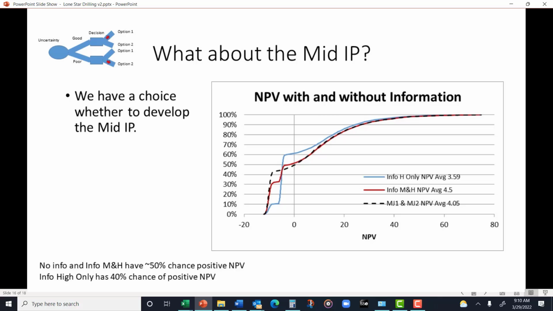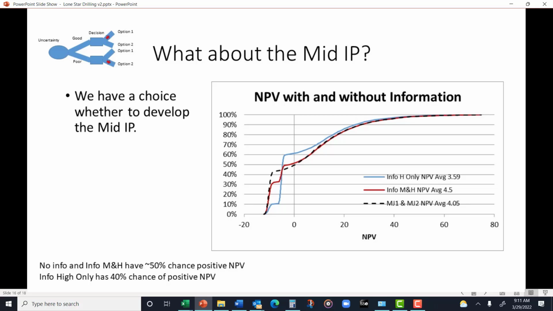What about the mid-IP? We have a choice whether to develop that or not. So this chart here shows developing the M1 and M2, and then if we develop both the mid and the high IPs, we get the red line. That's what we just discussed.